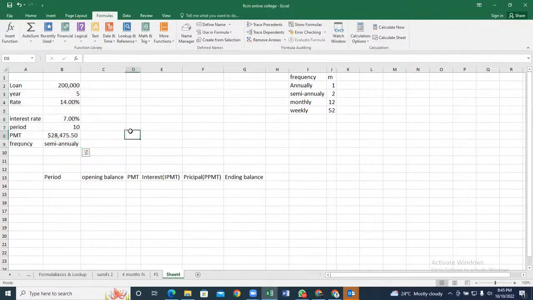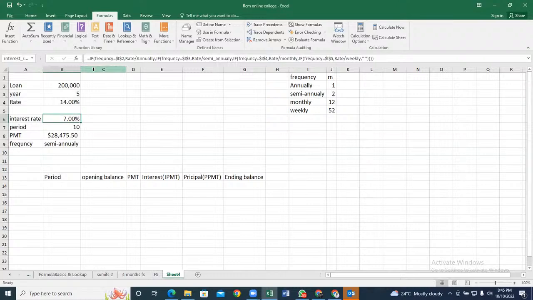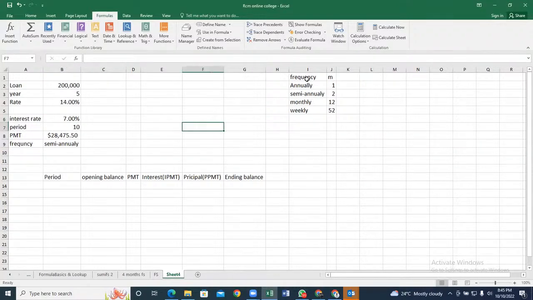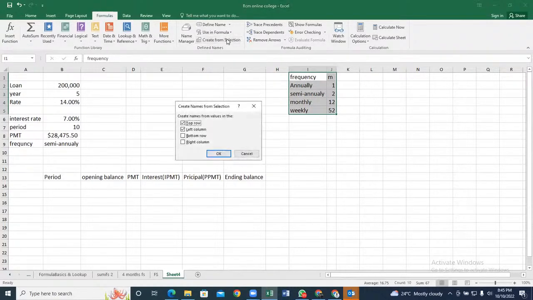For this one here, having typed, you do the same. You highlight, move to Formulas, Create from Selection, then ensure that the left column box is marked, not any other. Having done that, you say okay.